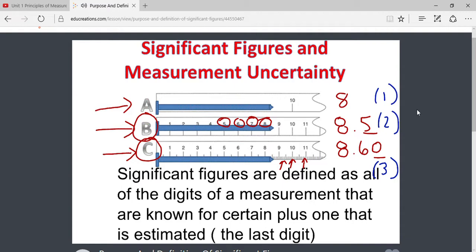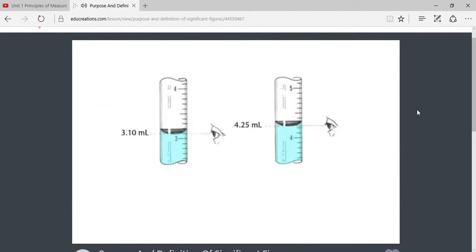The more significant figures we have in a measurement, the more certain we are about the exact measurement that we are conducting. Let's look at a few other devices where we record the correct number of digits. Here we are looking at cylinders that are marked by every 1/10 of a milliliter.